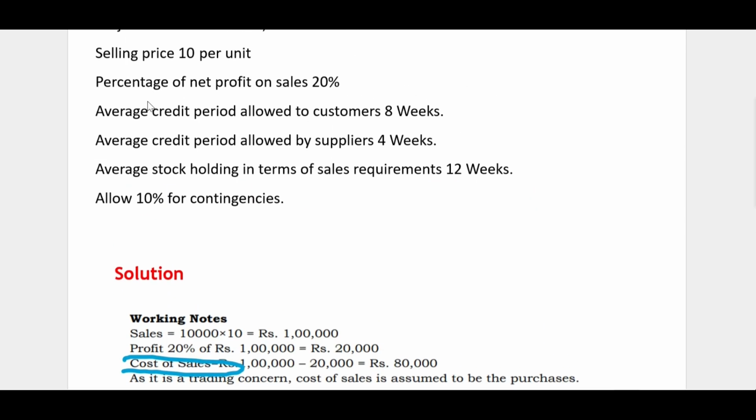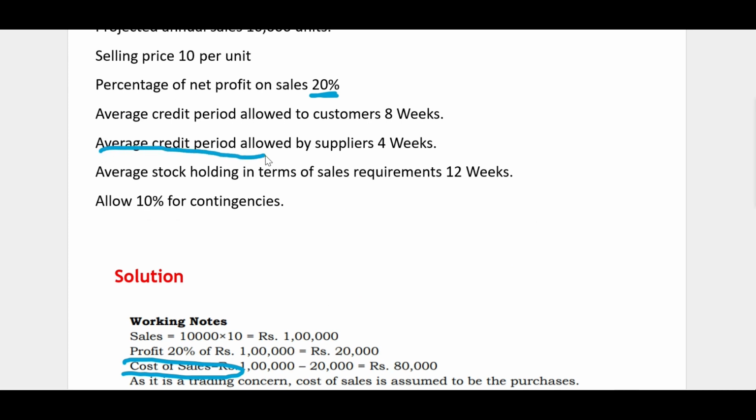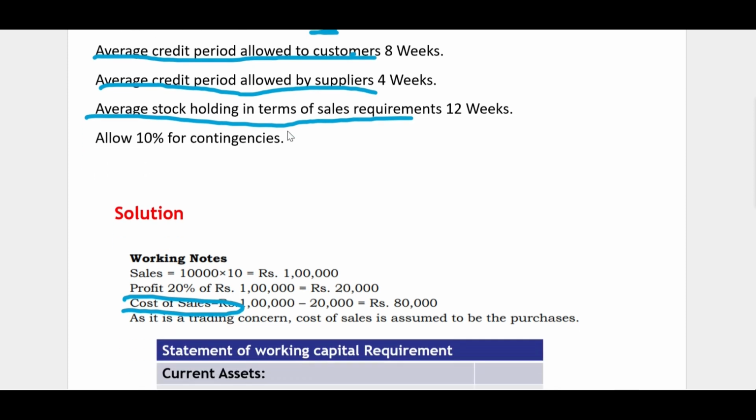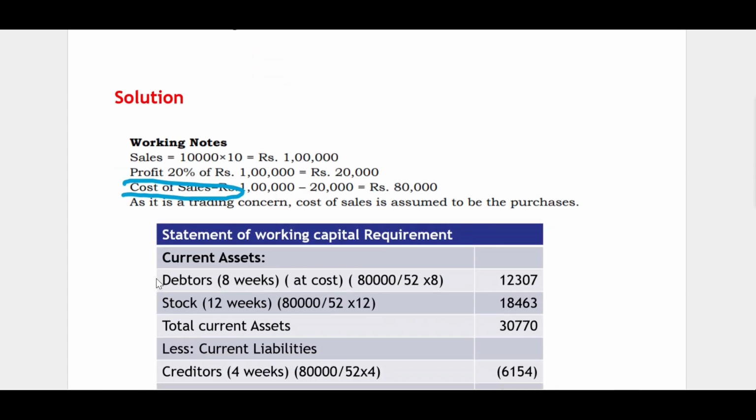First of all, we have average credit period allowed by supplier, the average credit period allowed by the customer, and the average stock holding in terms of sales requirement. Average credit period allowed to customer, as I said before, we can call it debtors, and the debtors is current assets. So I put it in the current assets.